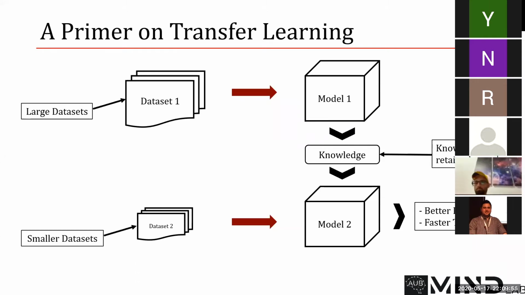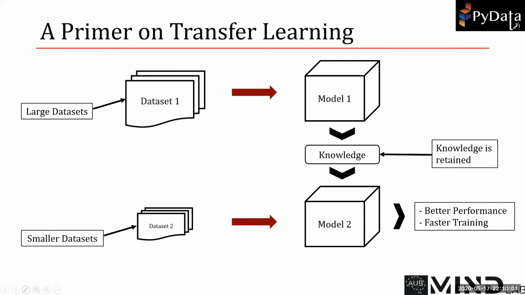So the transfer here is about transferring the knowledge from model 1 to model 2, and this knowledge is field dependent or task dependent. So it varies from a field to another. And usually model 2 will require less data, less labeled data, and will have a better final performance since it gains some information from the knowledge that was gained from model 1.